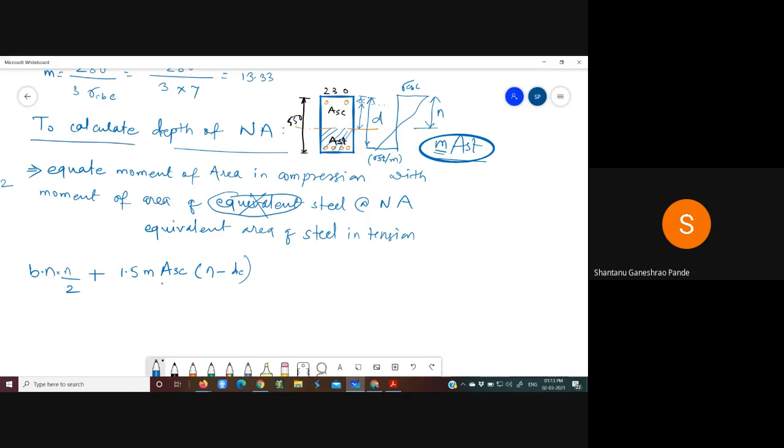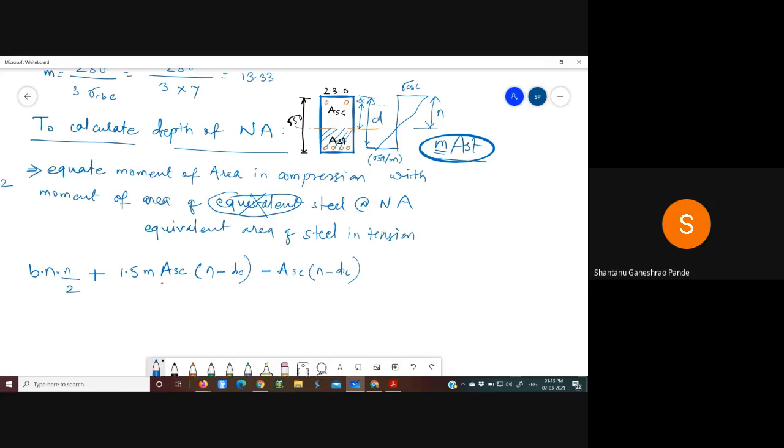But there are two bars provided, so this entire Bn square by 2 is not the area in compression of concrete. We have to deduct these two bars, so minus ASC into again N minus DC.